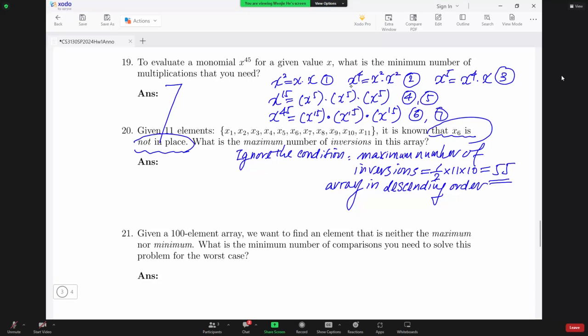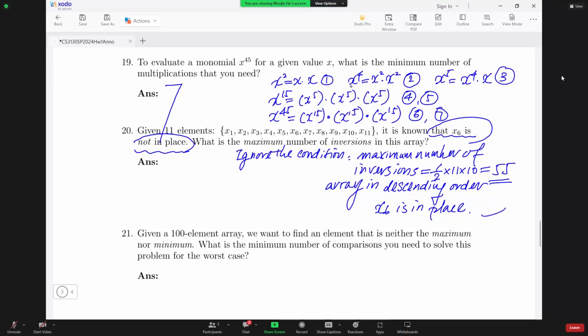When the array is in descending order, x6 is in place, right? x6 is in the middle. The one in the middle is in place.